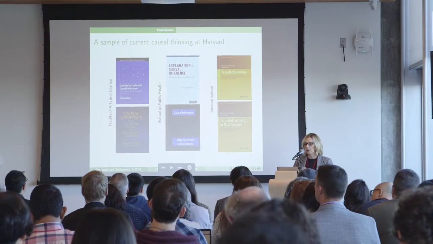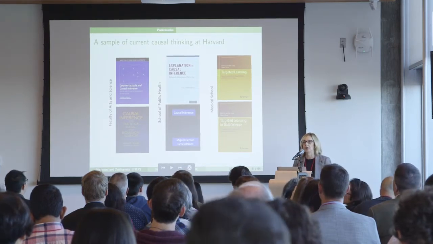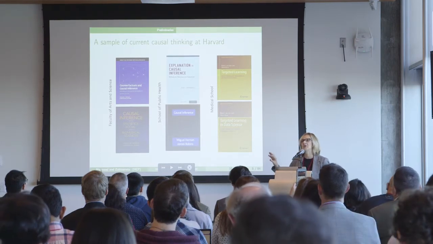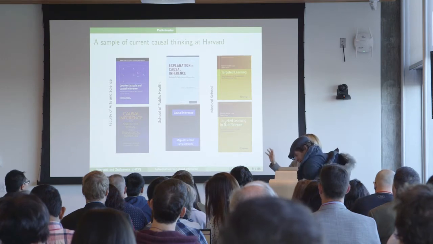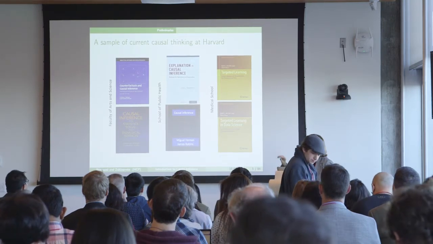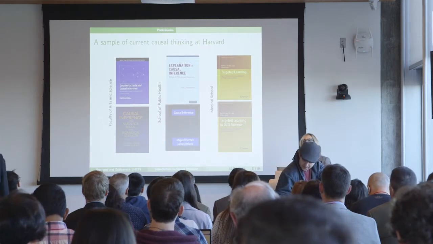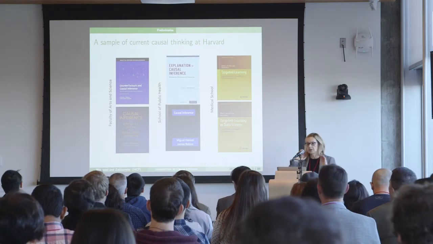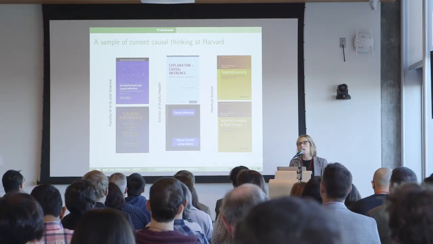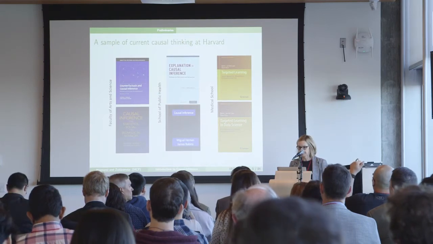I will note I could not find the real face cover of this book, so it's a template. That's not what the book looks like. If you want to look for a brown book, it's random if it ends up being brown. But Miguel Hernan and Jamie Robins. Again, there are many more people here at Harvard University that do causal inference across all the schools, and I just wanted to highlight that fact for you.